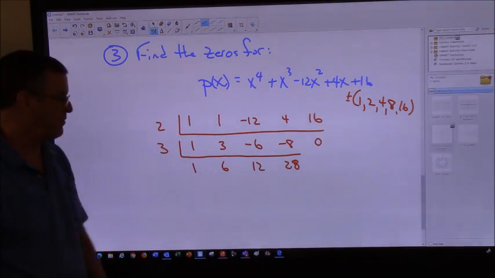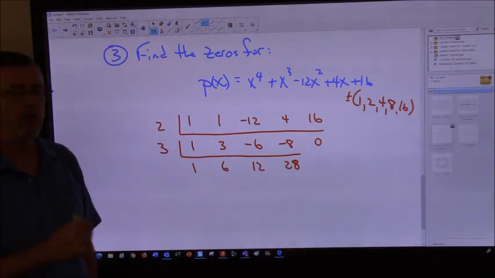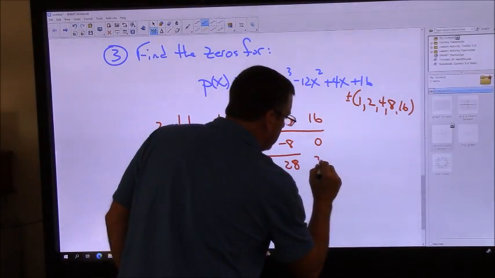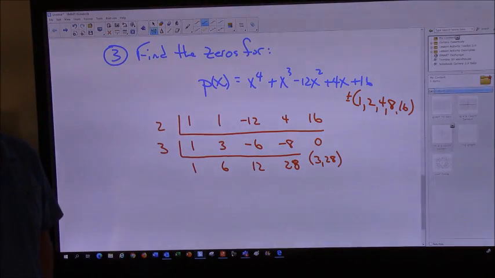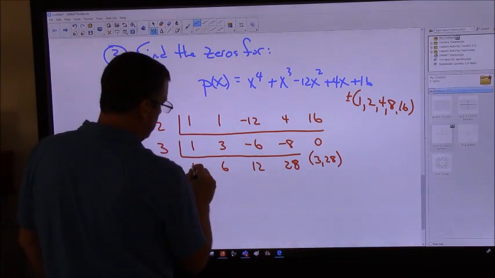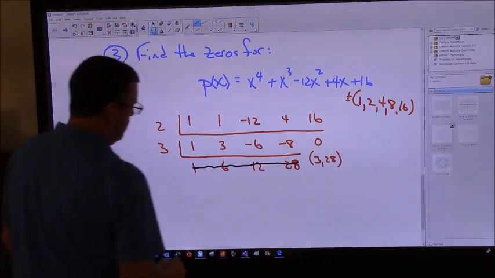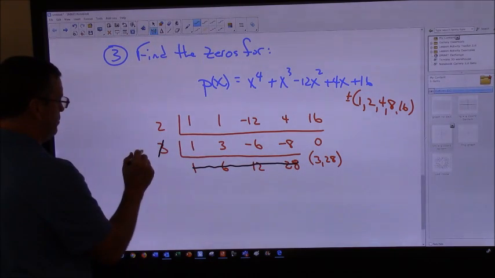But it's not a waste of time because, remember, 3 comma 28, that's a point on the graph. I'll just write it here, 3 comma 28. If I'm going to graph later, I could use that information. Okay? Now, since this didn't work, I just draw a line through it and then pick another number.